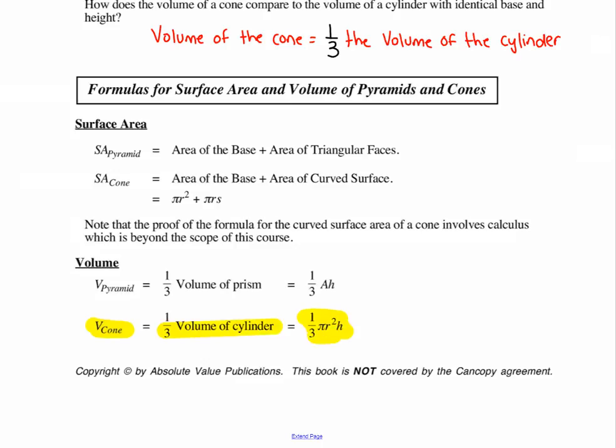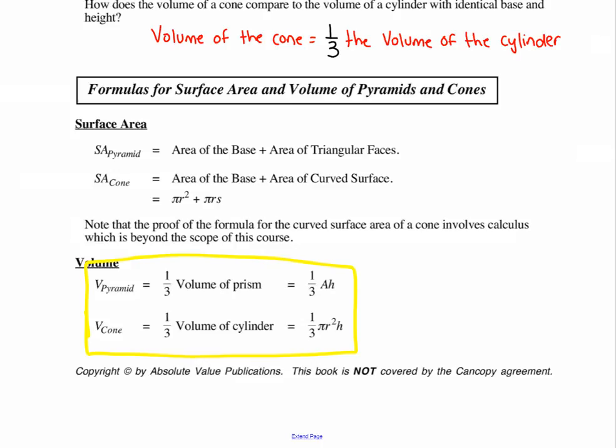Sorry, I won't highlight, I'll circle or something. Okay. So 1/3 pi r squared h, because this is the formula of our cylinder, pi r squared h. We're going to multiply by a third.